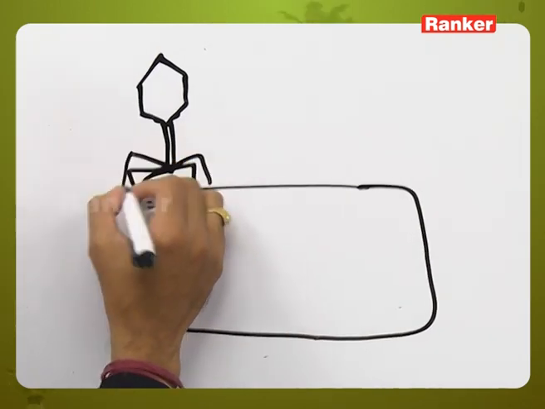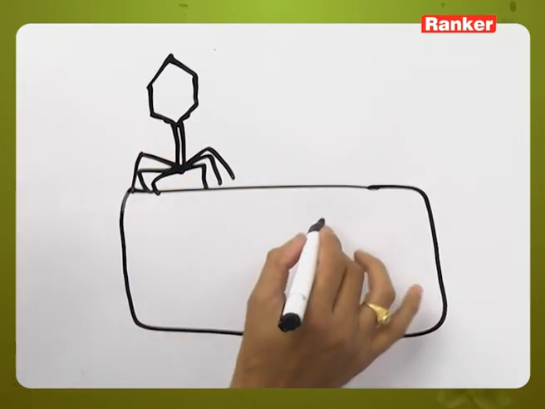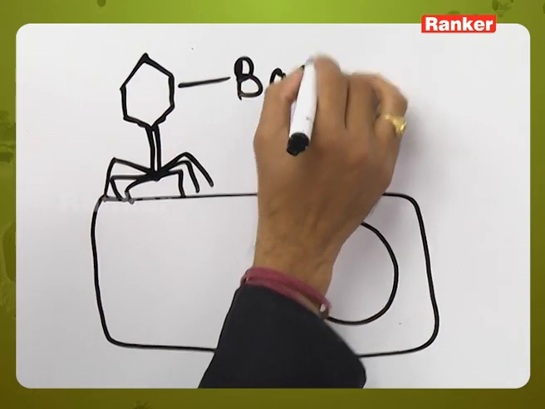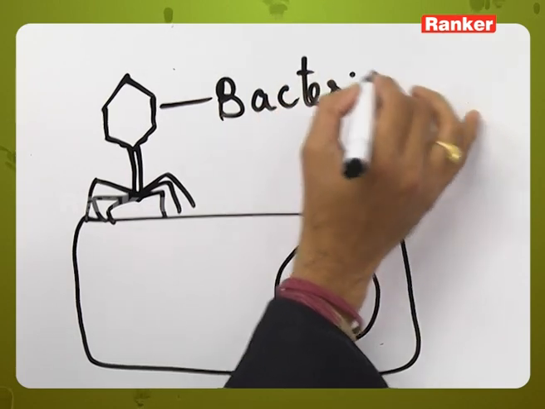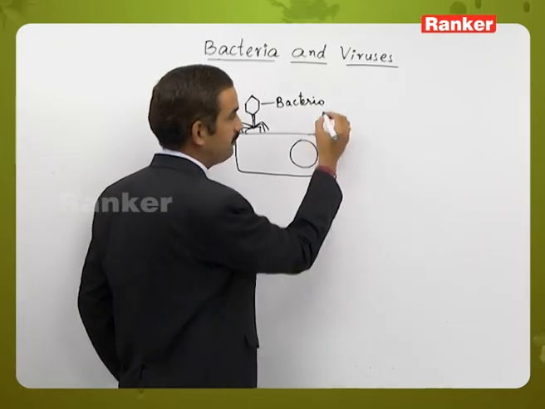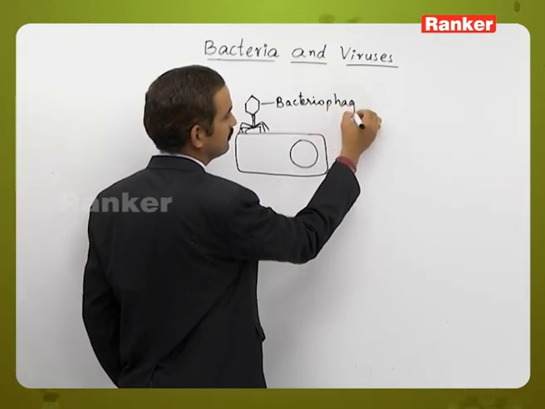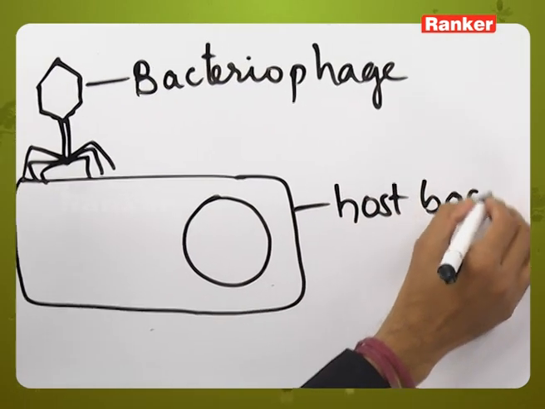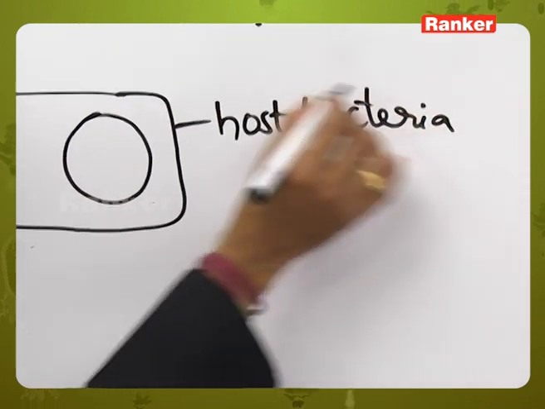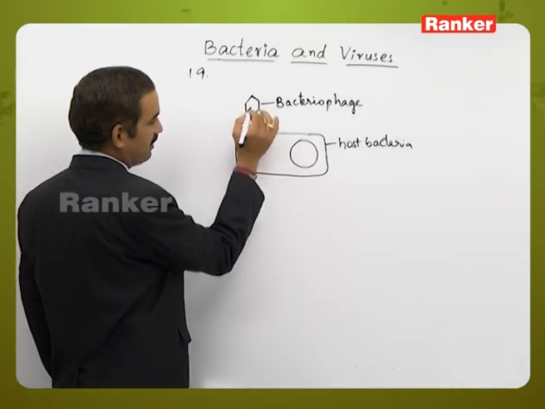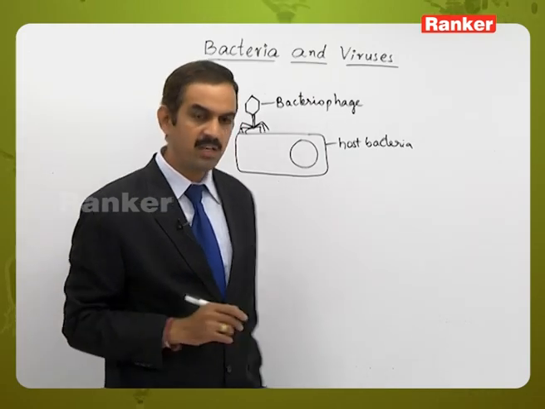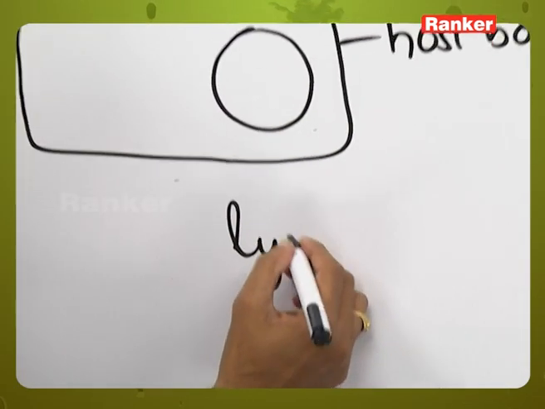Generally, this is a bacteriophage. This is the host bacteria. Generally here what happens is the bacteriophage will secrete an enzyme called lysozyme.